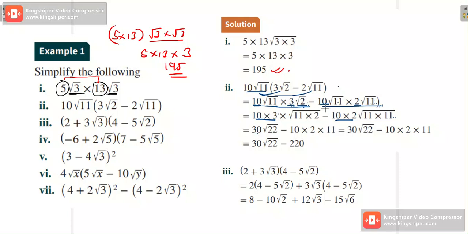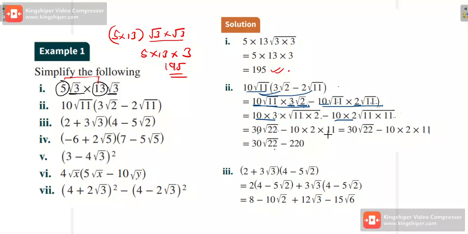Then root of 11 times 2 gives us root of 22. Then you bring your minus sign there. Then here, 10 times 2 will be 20. Then root of 11 times root of 11 will just be 11. So in all, we are going to have 30 root of 22.